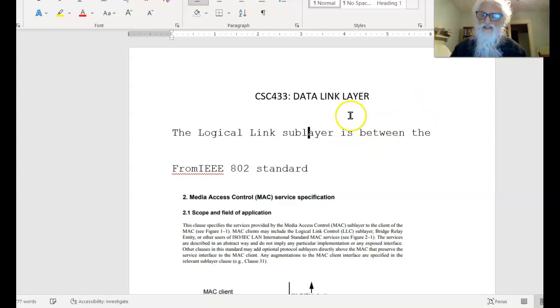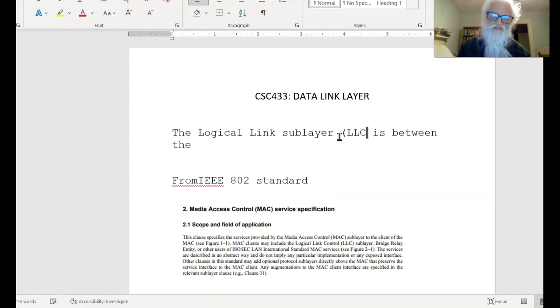It's part of the data link layer. It's called the LLC. It is between the network layer and the MAC sublayer.